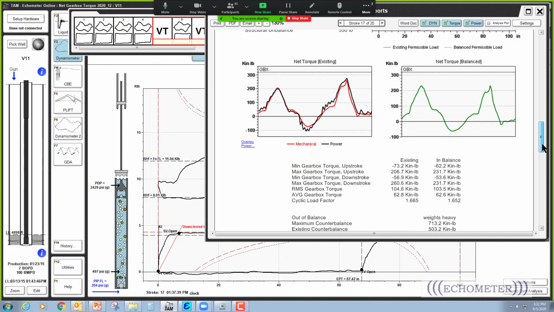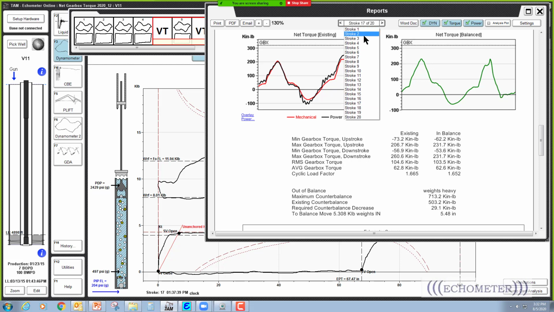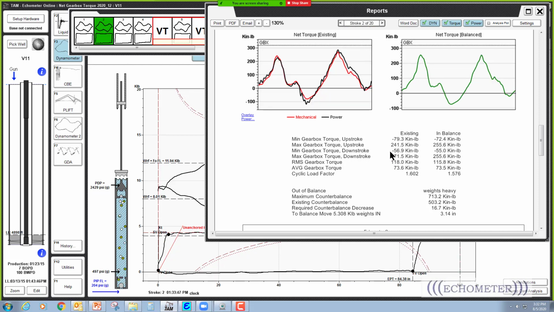Now, what I'm wanting to show you is that the balancing changes. If we look right here, the maximum downstroke peak existing is 260 with the incomplete pump fillage, a higher net torque. If I go back to stroke number 2, its downstroke is 270, so it's even more.